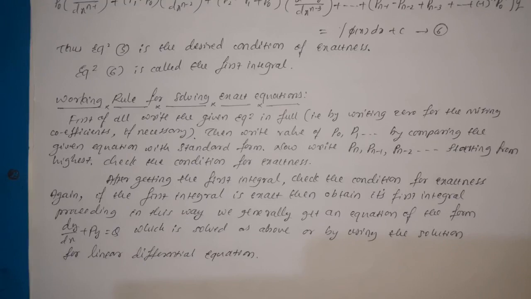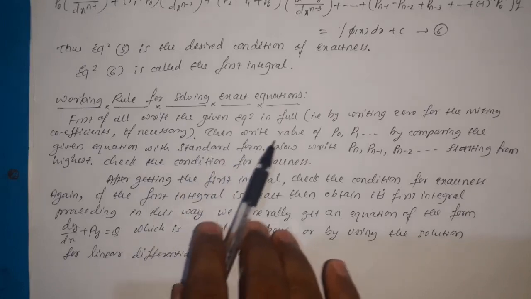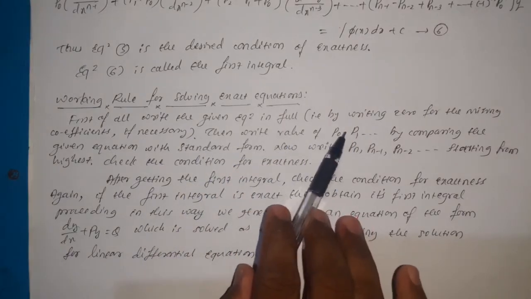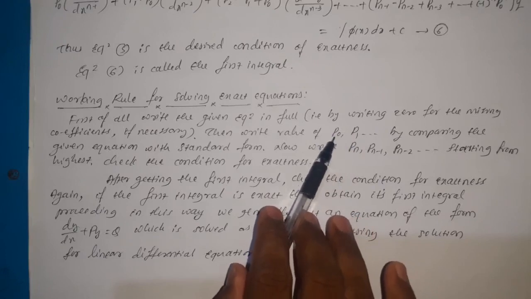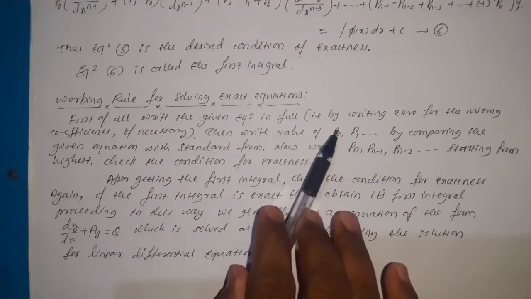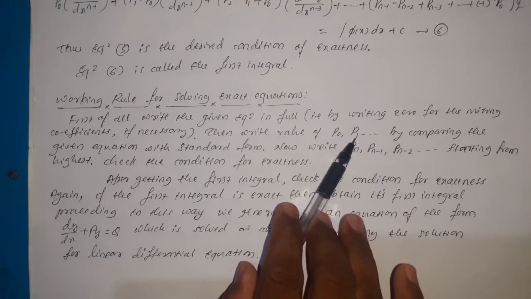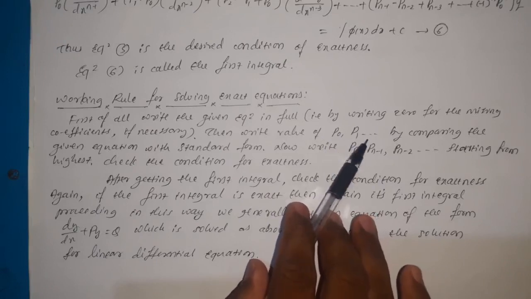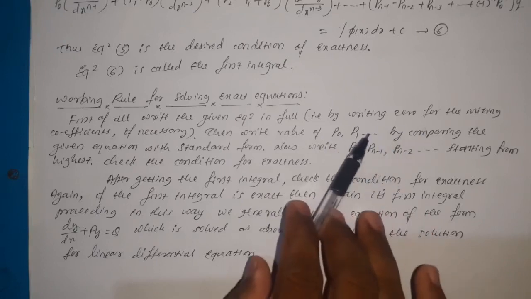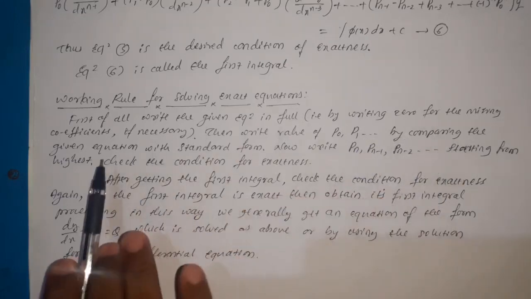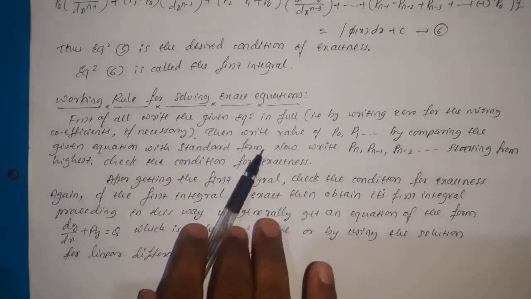Write the equation completely without missing any term. Then write the values of p naught, p1. I already told that p naught is the coefficient of the highest order derivative, then p1 one less, then p2, like this it will go, by comparing the given equation with the standard form.